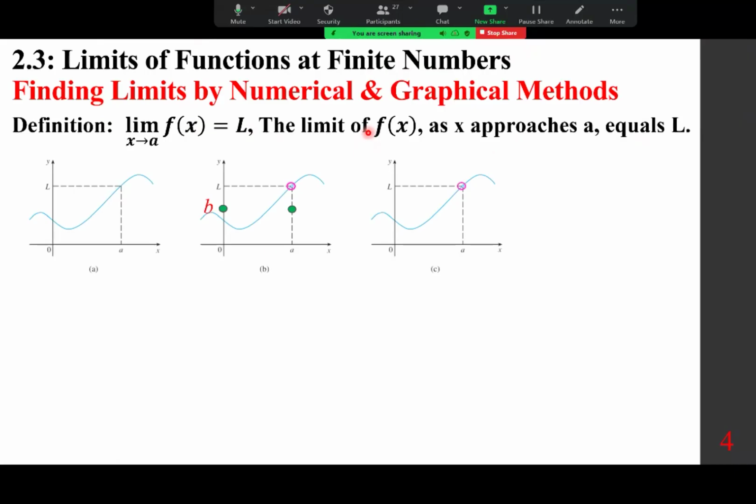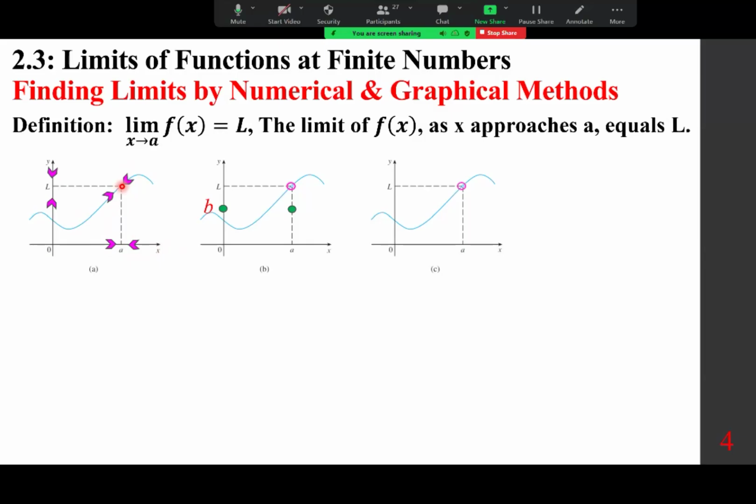Let's look at all these graphs. There's a slight difference in all of them. As x approaches a, here's a along the x-axis, here's the left side, we are in this part of the graph. From the right side, we are in this part.